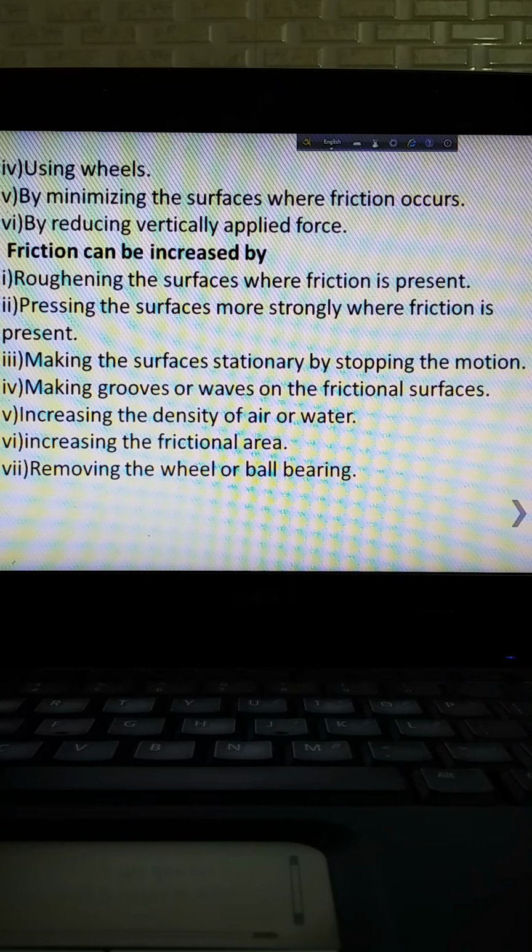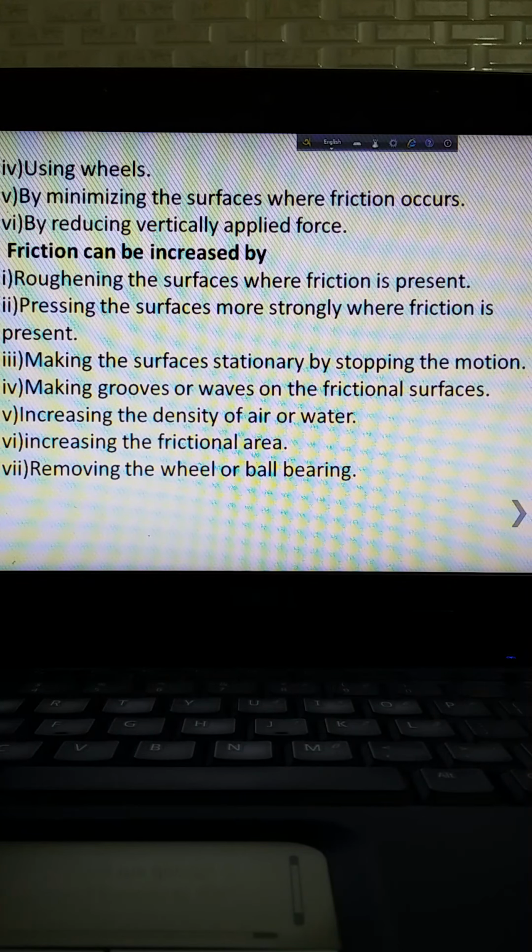Then next one is pressing the surfaces more strongly where friction is present. In our earlier topics, we have seen that if we reduce the applied force, then the friction will be reduced as well.